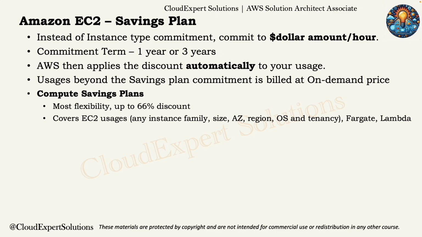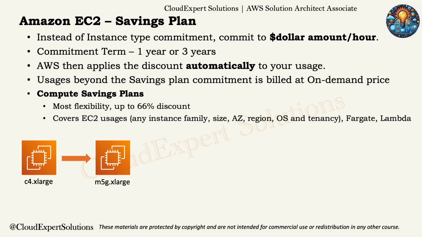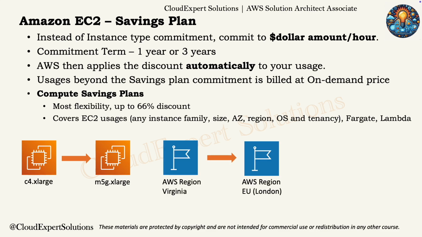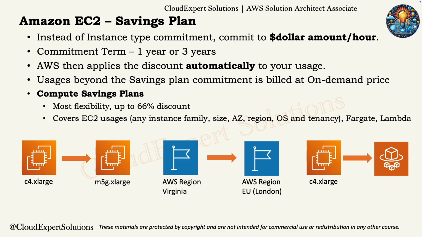For example, with a Compute Savings Plan, you can change from C4 instance type to M5 instances, shift a workload from US East 1 to EU London, or even move your workload from EC2 to Fargate or Lambda, and AWS will automatically apply the discount to your compute charges.